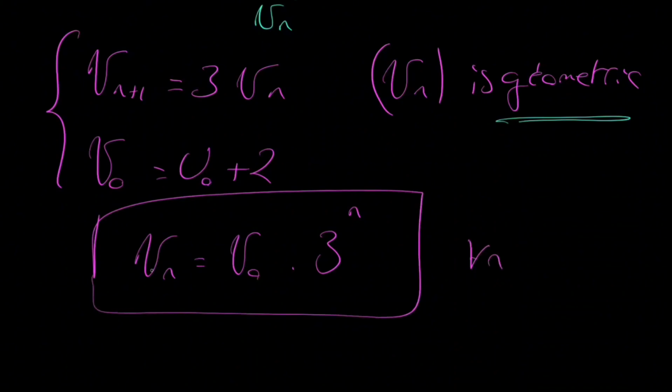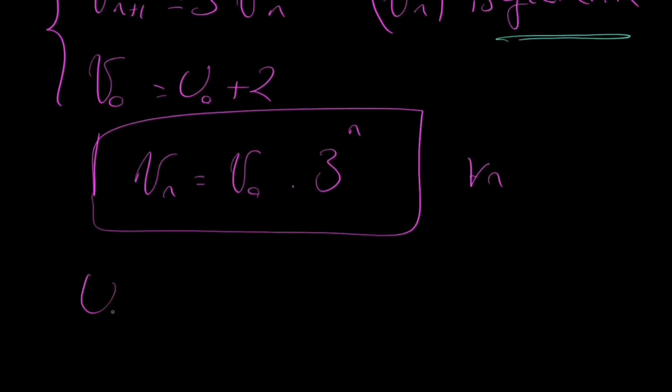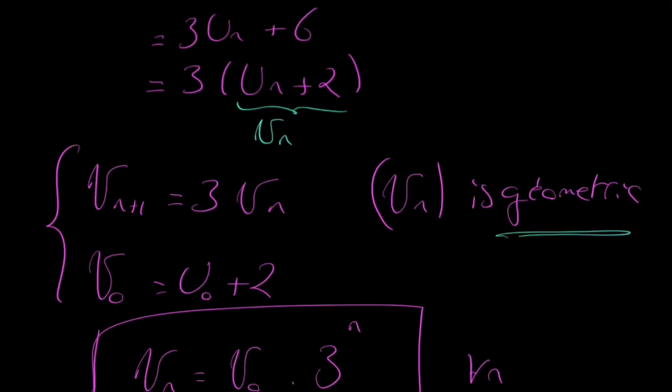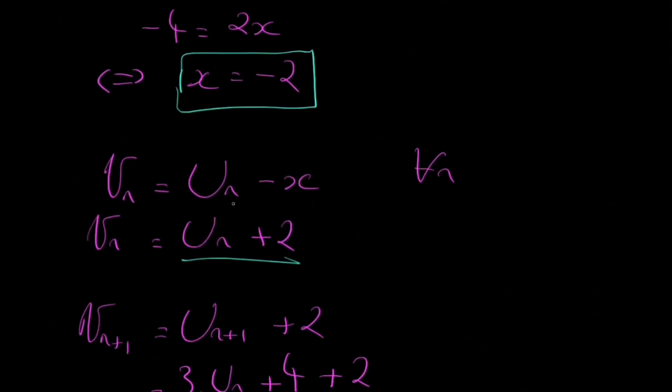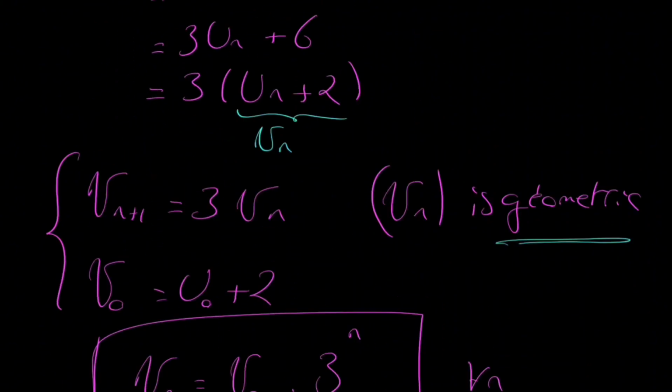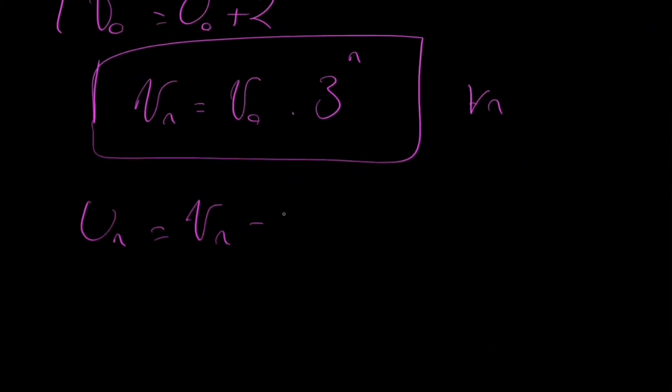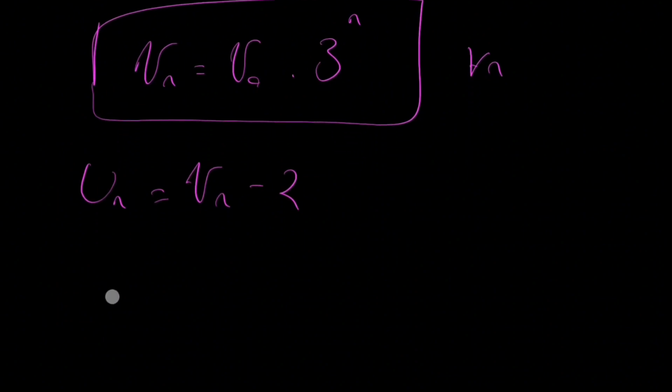Now that we have the explicit expression of v_n, let's remember that u_n is equal to v_n minus 2. So u_n is equal to v_0 times 3^n minus 2 for all n.